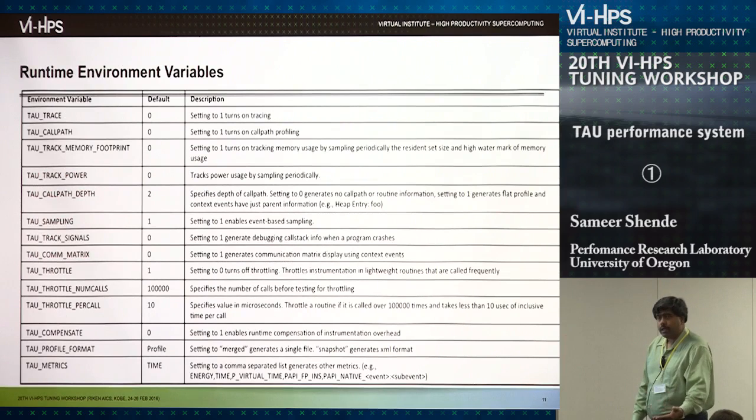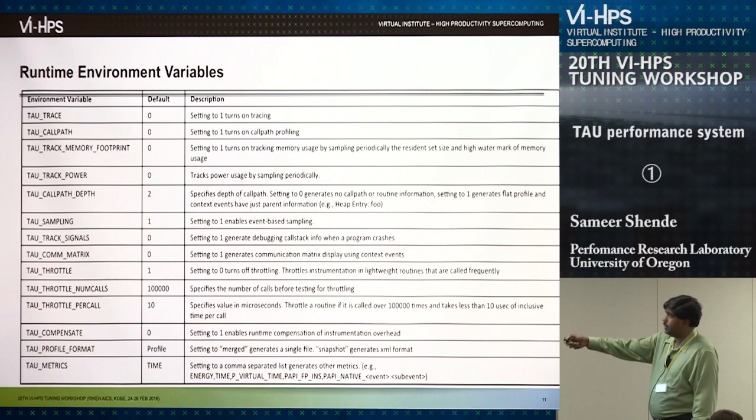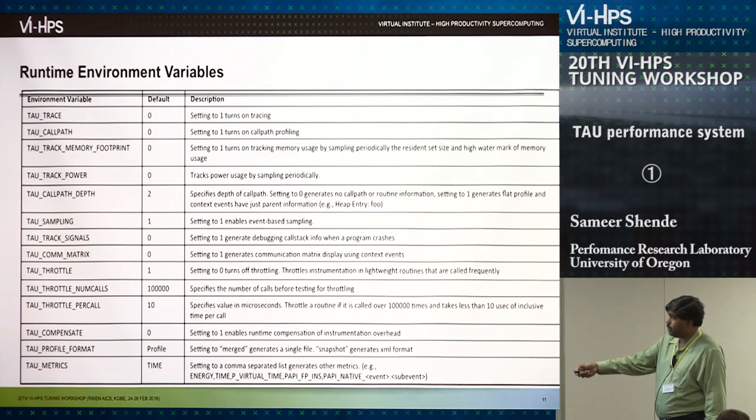And when you're running the code, you can also specify some runtime environment variables, such as turn on sampling with tau sampling equals 1, or call path profiling or tracing, or tracking memory footprint of the program. You can also set the tau profile format environment variable to merged so that you create a single file and not one file per thread of execution.